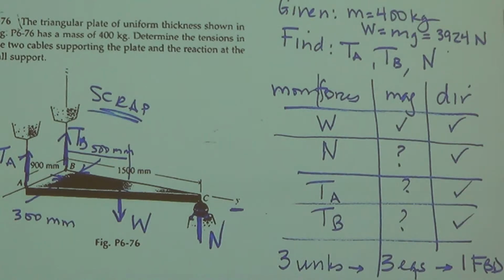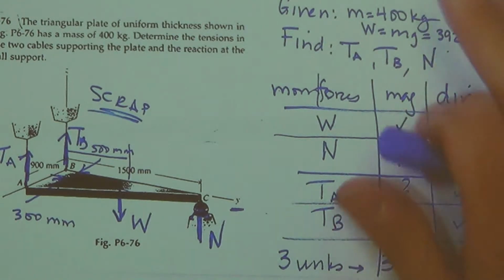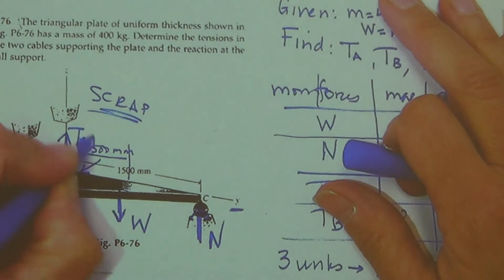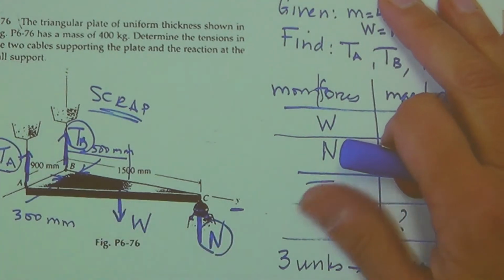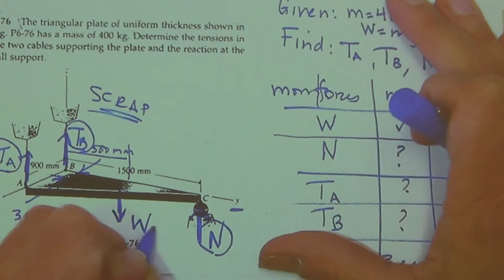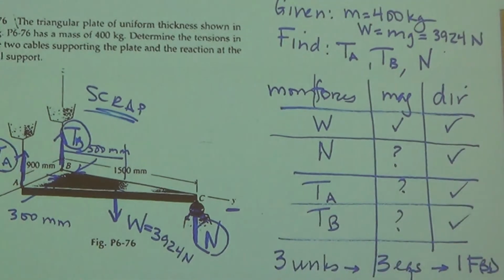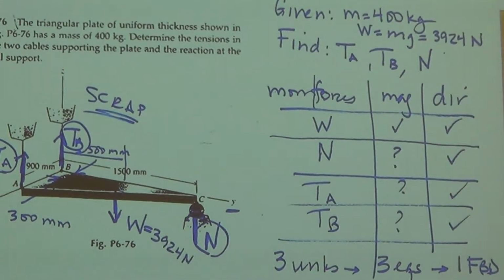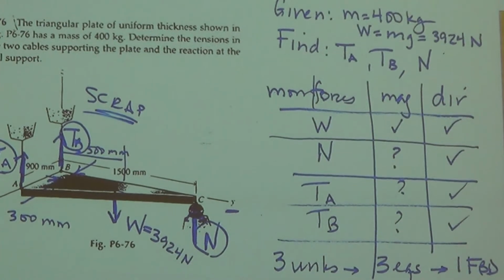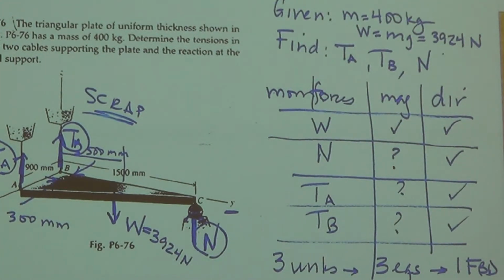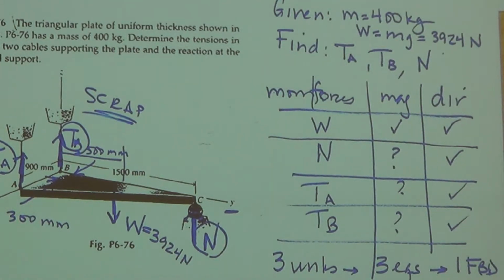What I find helpful is I always circle the things that are unknown. So I'm going to circle the tensions and the normal. And the weight I know, right? 3924. So it'd be the sum of the moments about the x. Does it make it clearer when we circle the unknowns? And we put the value in for the weight rather than just the W there?